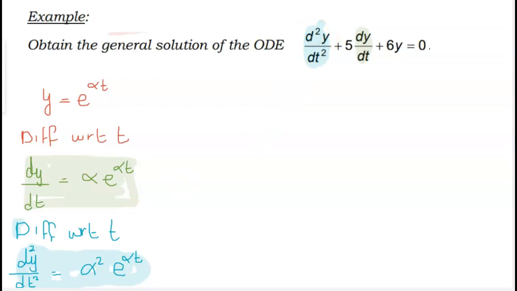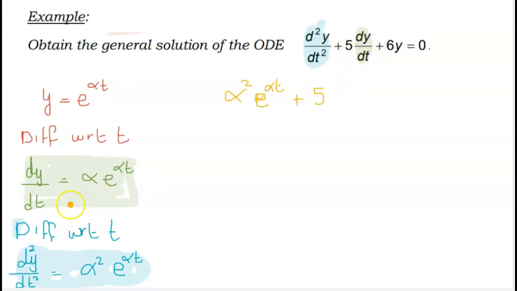Now once I got that, I will put this into the equation. So d square y over dt square, this is the value. Instead of that one, I will write alpha square e to the alpha t, plus 5. The 5 is as it is.